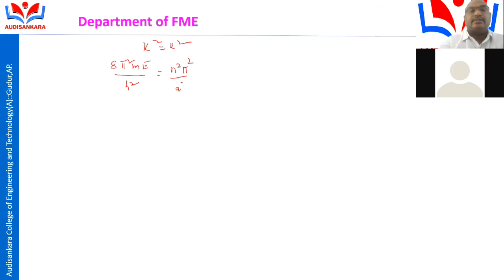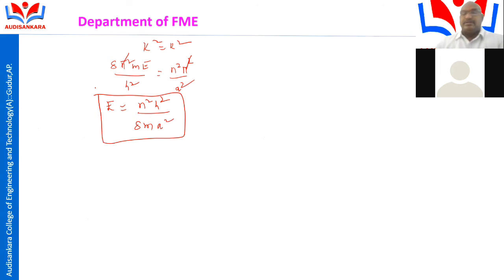On both sides pi square gets cancelled, then E is equal to n square h square by 8m a square. So this is called the eigen energy. Here n is equal to 1, 2, 3 and so on.